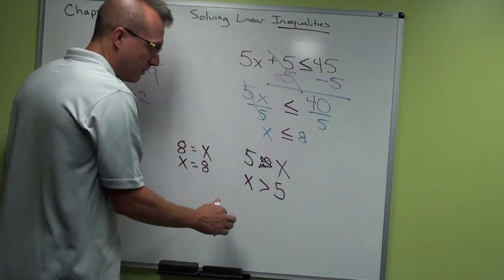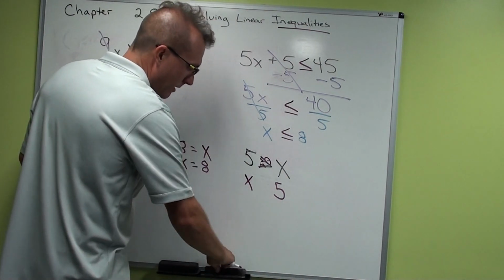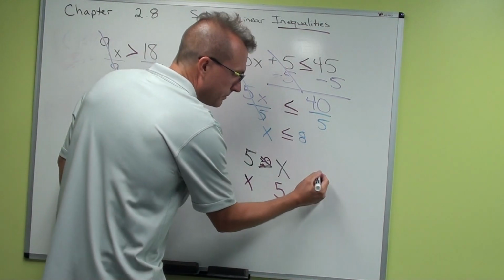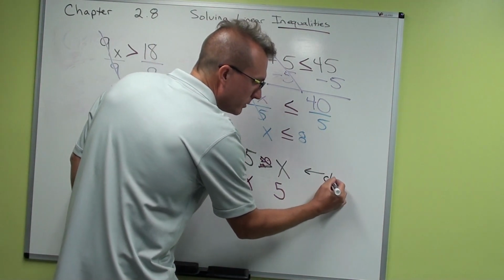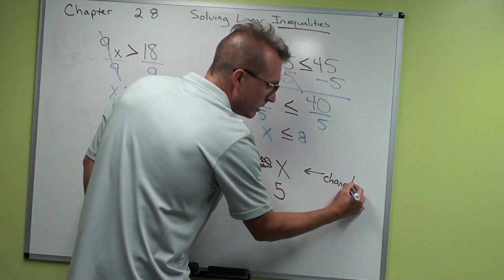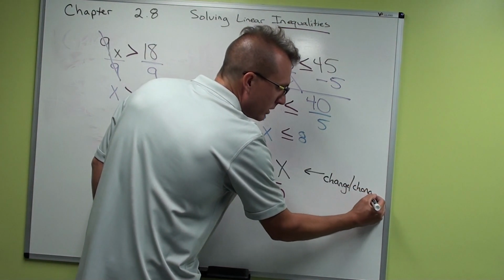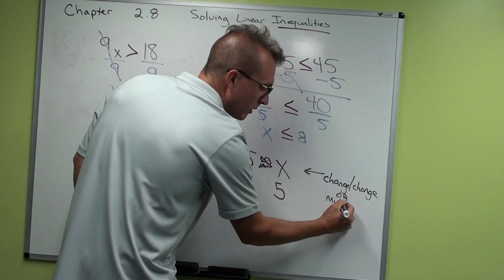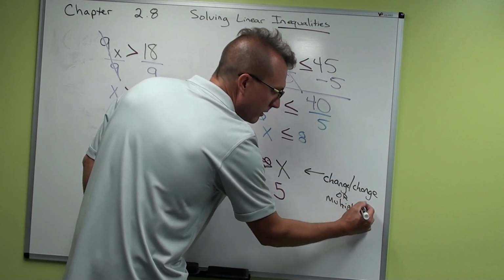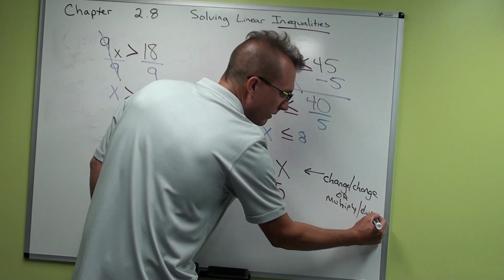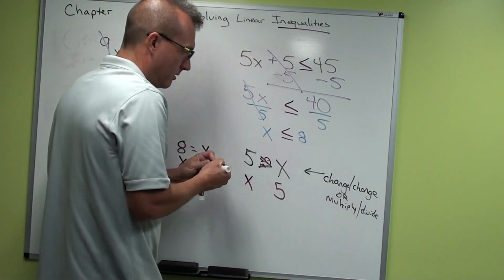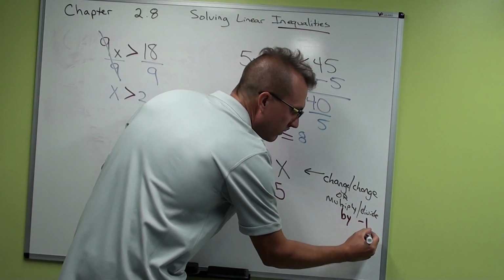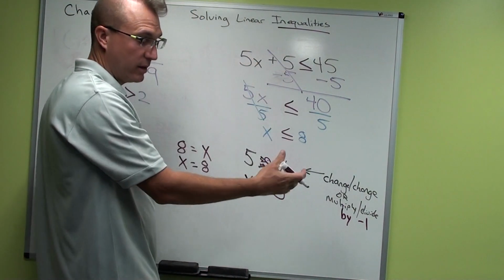Alright, so you have to make sure if you are flipping this, which means you are doing this would be change, or where you multiply or divide by a -1 or a negative anything.